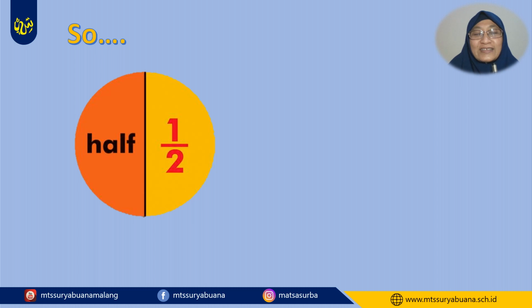Okay, so when it's on the yellow area here, we read it as half past. And on the orange area, we read it as half to.